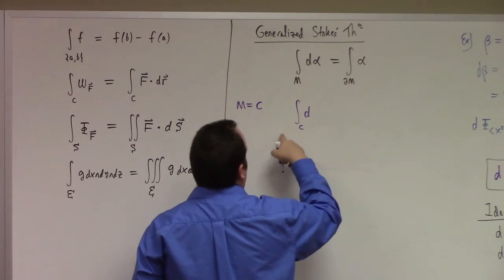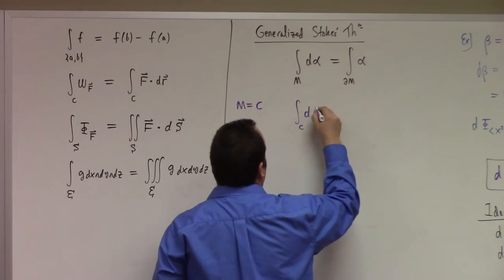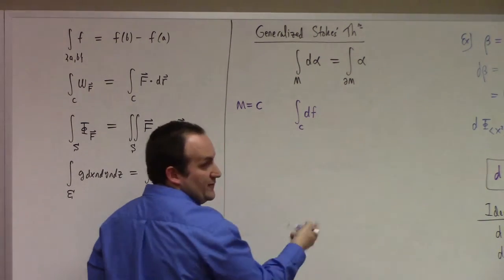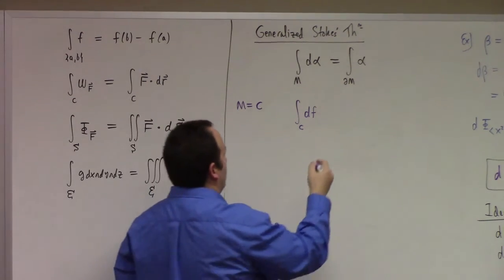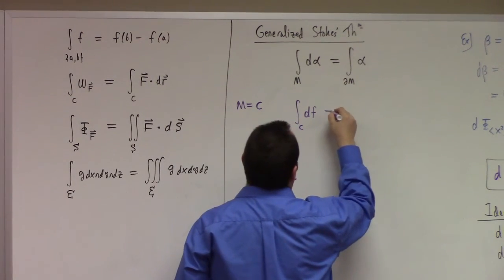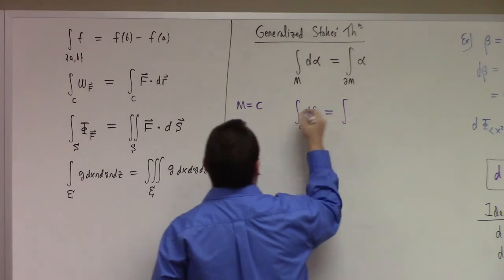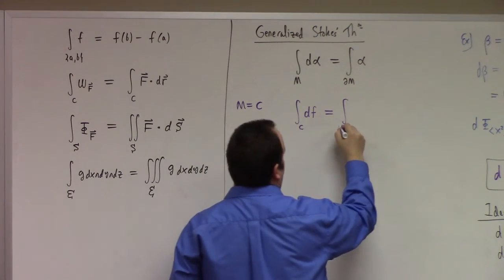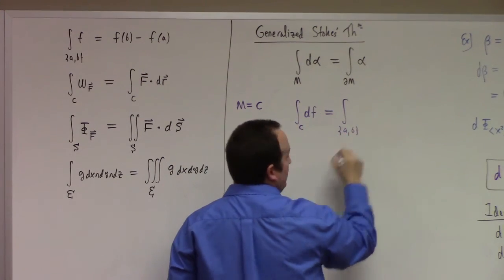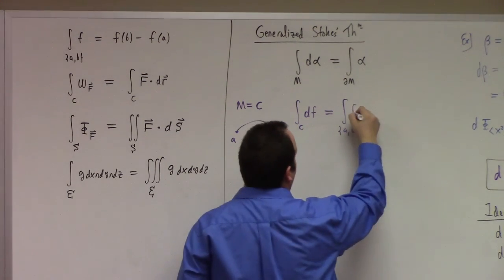Now, if it's going to be integrated over a curve, it has to be a function, because that gives me a one form. A one form has to be integrated over a curve, all right? So I'm saying the curve goes from, say, point A to point B. So the boundary of the curve is the 2-point set A, B.